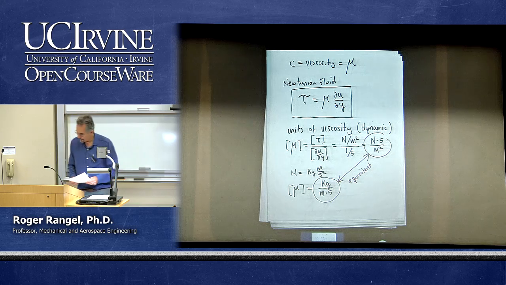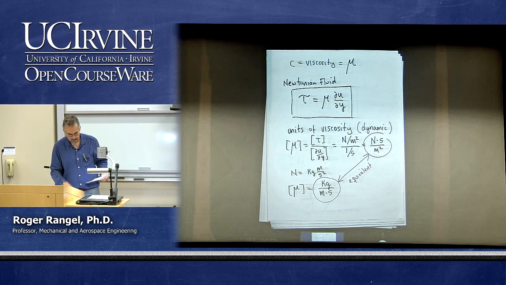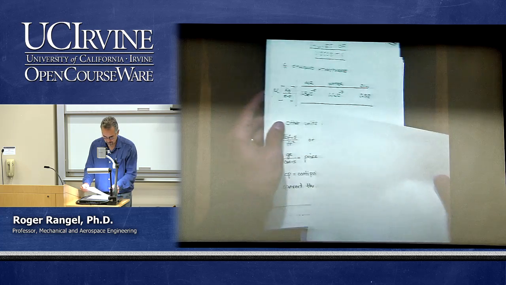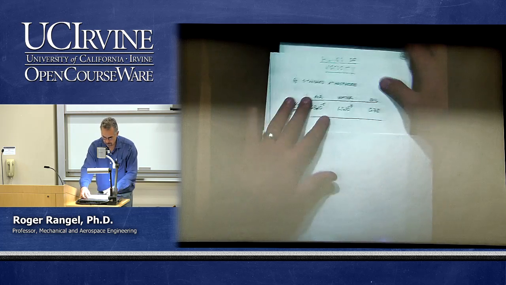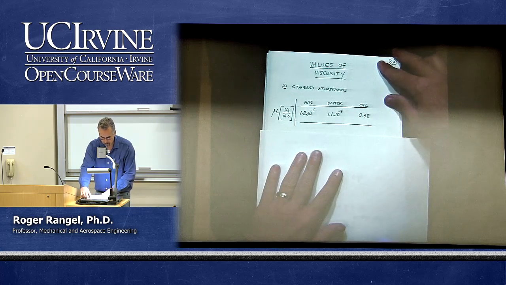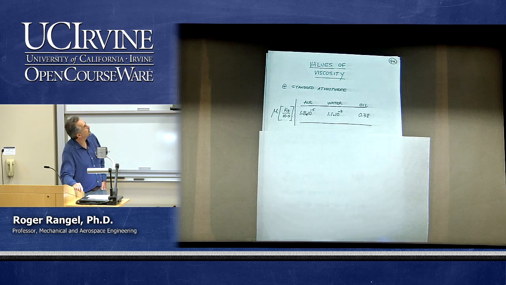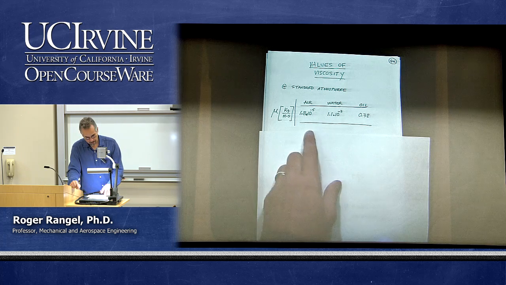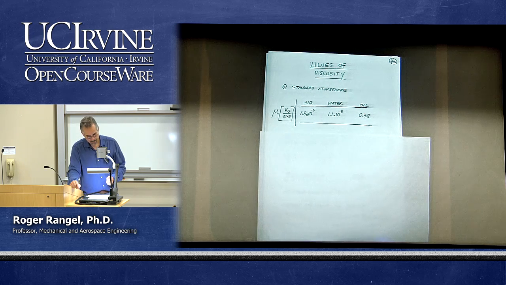Let me give you some values just so that you know. Most of the problems that we're going to be working with involve one of these three fluids. As we do examples in the class, we'll do a lot of problems involving air, some involving water, some involving oil.